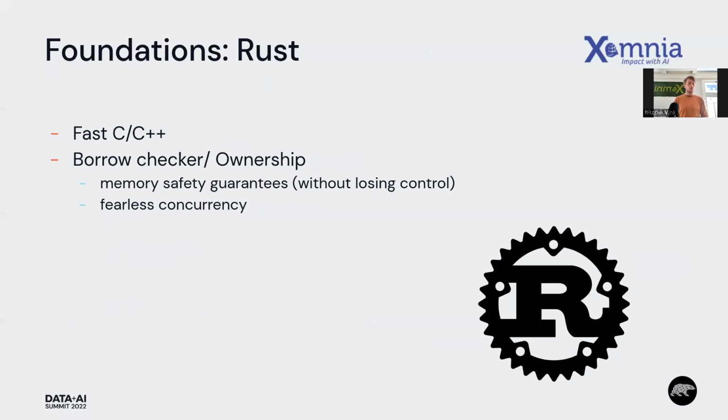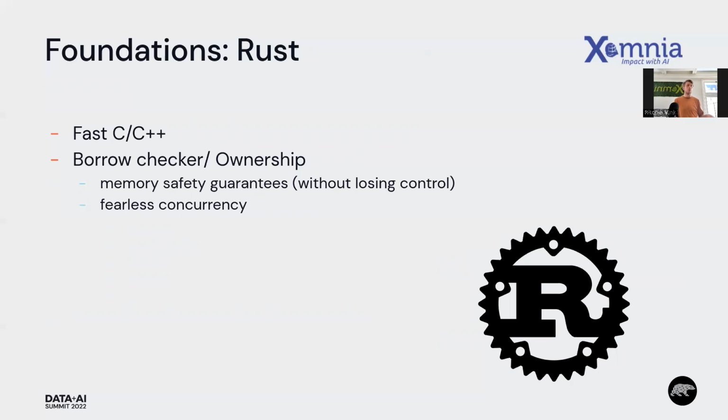Another foundation is Rust. Rust is a programming language that's really fast. It's as fast as C and C++, but different from C and C++, it's got really strong memory guarantees, and it has those thanks to the borrow checker ownership model. I'm not going to explain it, but it makes it a lot harder to get double frees, or get memory access you're not allowed to.